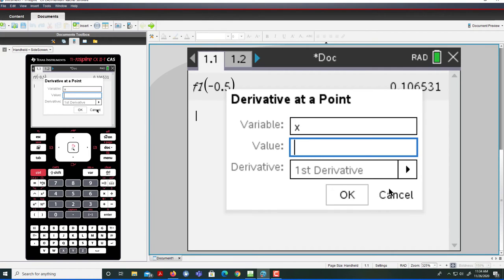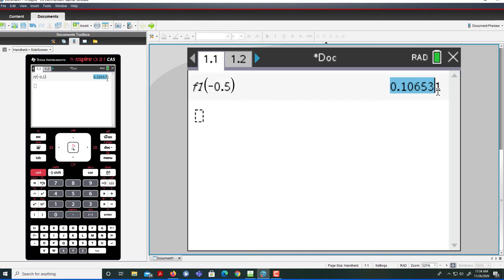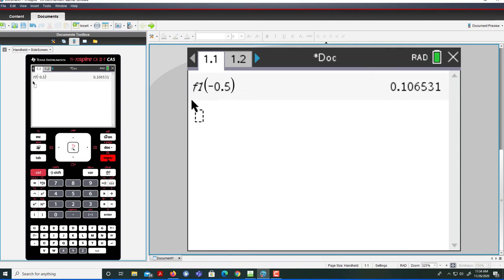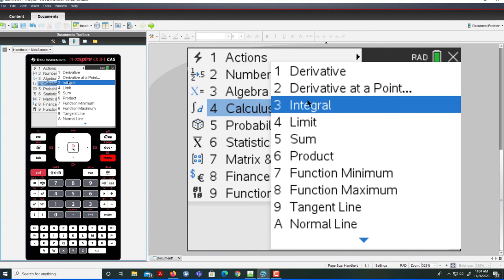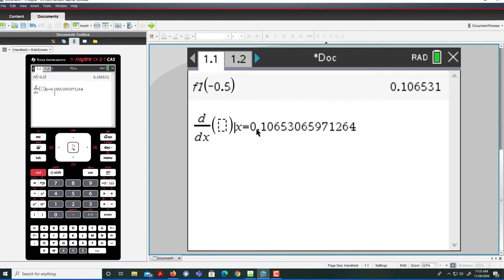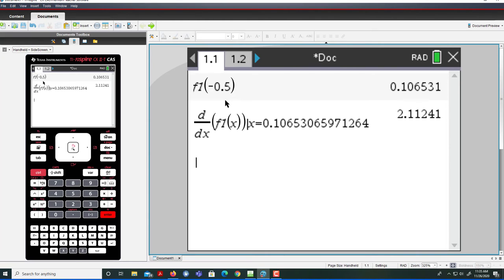Oh, you know what I should have done? Copy. Menu, calculus, derivative at a point. Control V. And in fact, I didn't have to do it that way. There's another way I could have done it. F1 of x, oops, just x, and there's my derivative value. Notice it's a little bit bigger in this, and this will not always happen.